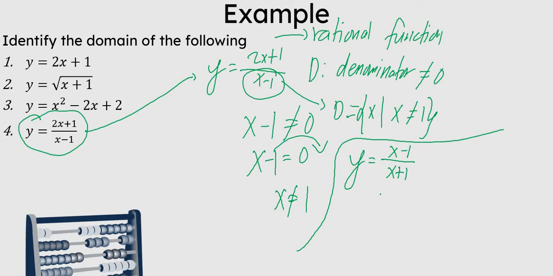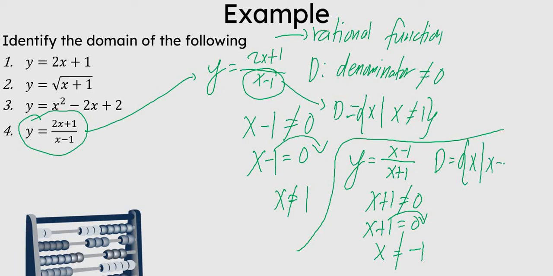So what we will do, we'll have x plus 1 is not equal to 0, but we shall just make it x plus 1 equal to 0, transpose, therefore we'll have x equals negative 1. Bring back the not equal sign. Our final answer for the domain will be the set of all x such that x is not equal to negative 1. And that is how you find the domain of functions.